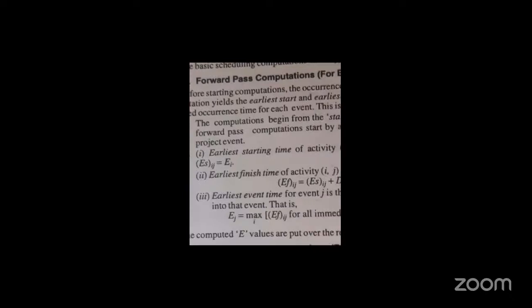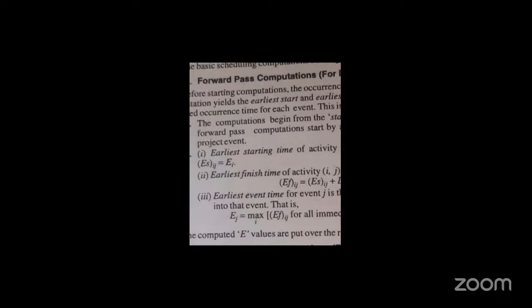Similarly, the earliest event time for event j is the maximum of the earliest finishing times of all activities ending in that event, that is, Ej equals the maximum of those. If there is a junction, say we want to reach event D, and there are two directions, A to D and B to D, then among these two we take the maximum distance.